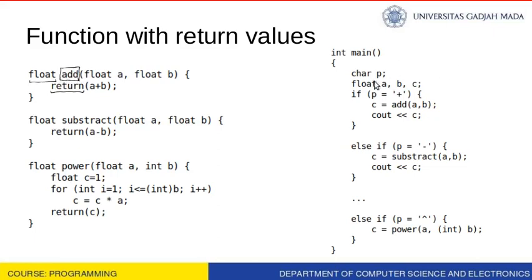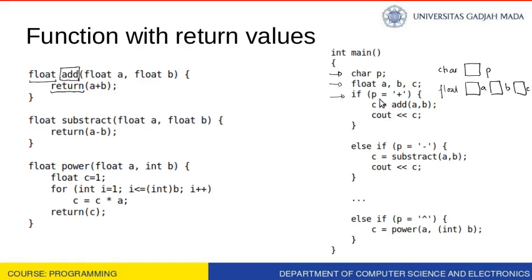Okay, let us see from the main program. When the program execution starts from the first line, I have a memory allocation with the name p and the data type char, and then I have a, b, and c with the type of float.